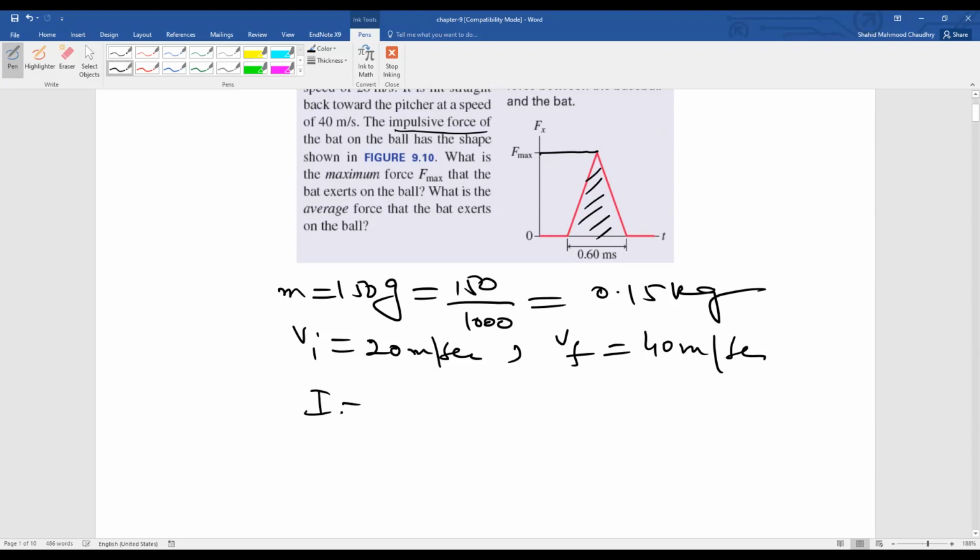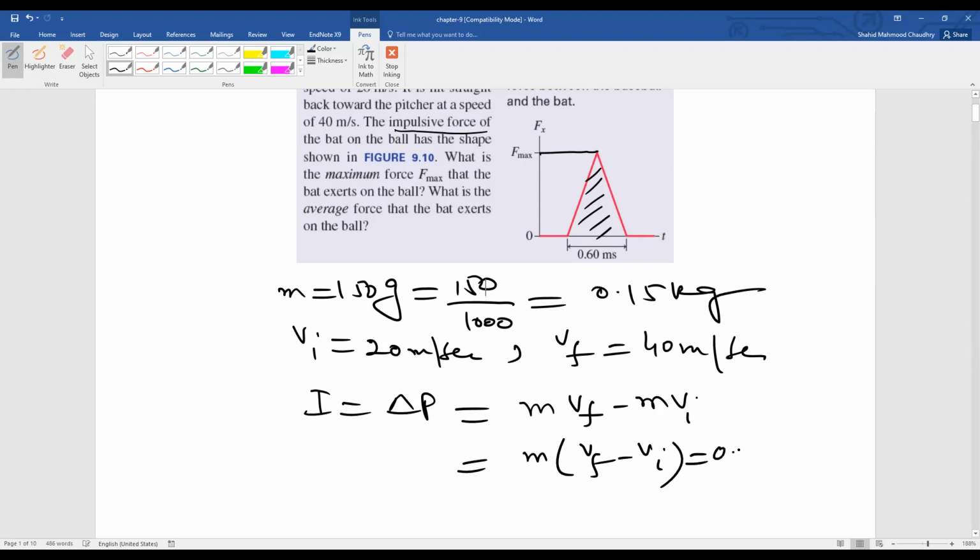So impulse is equal to delta P. And delta P is what? mvf minus mvi. m is common, vf minus vi. This is equal to 0.15 times vf, which is 40, minus, and this we will take as minus. Why minus? Because if this is a bat, suppose the ball is striking in this way, it is negative.